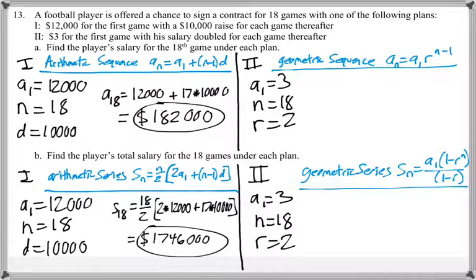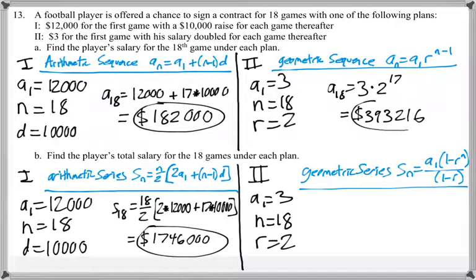For the geometric sequence, it's going to be 3 times 2 raised to the 17, which is 393,216.